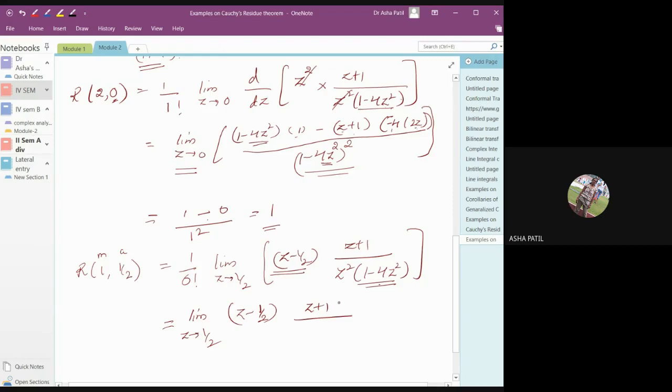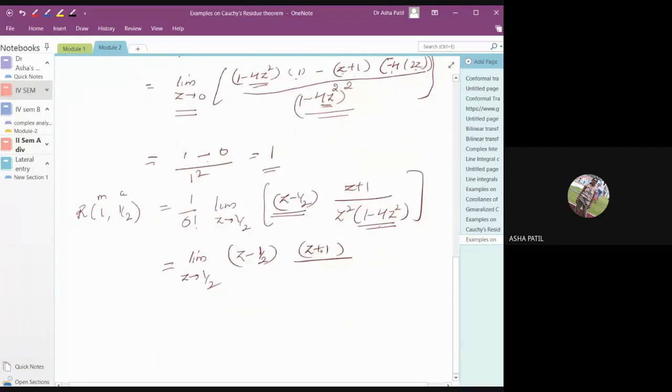How to simplify it? To write it in the form of 1 minus, z minus 1 by 2. It is 1 minus 4z square, right? So I'll write it as minus of 4z square minus 1.